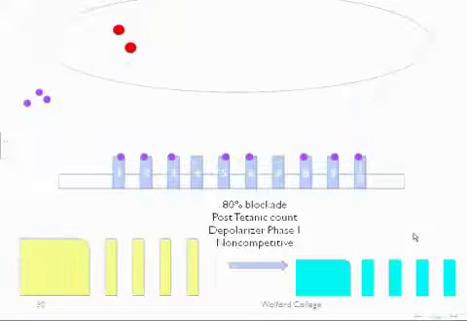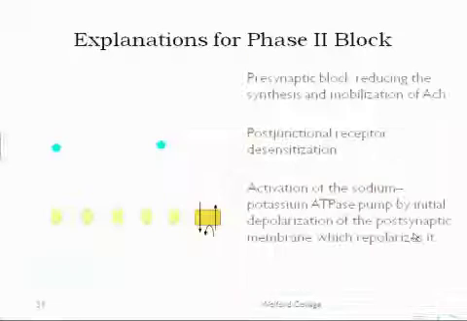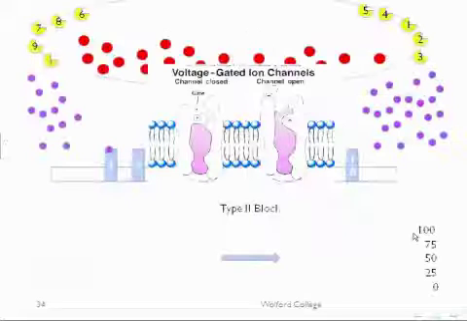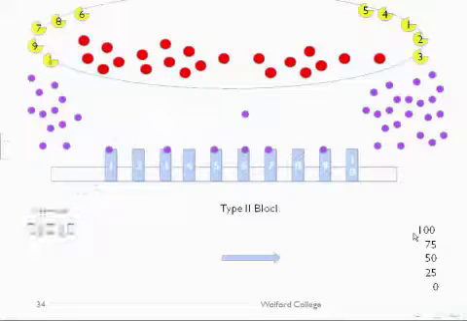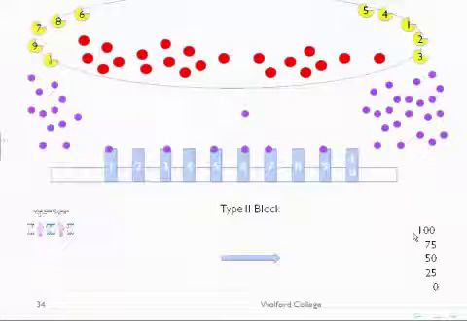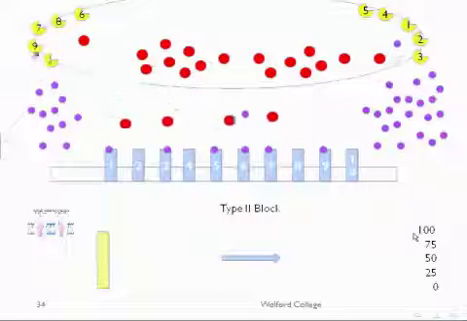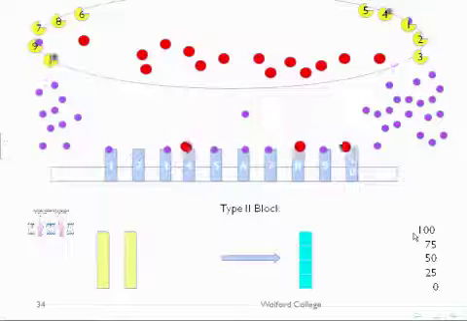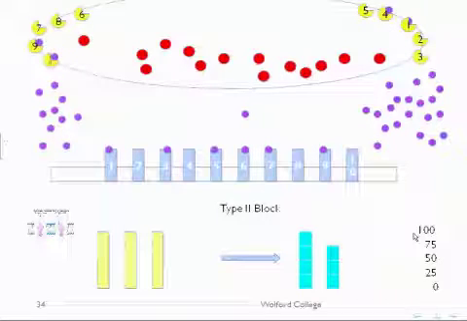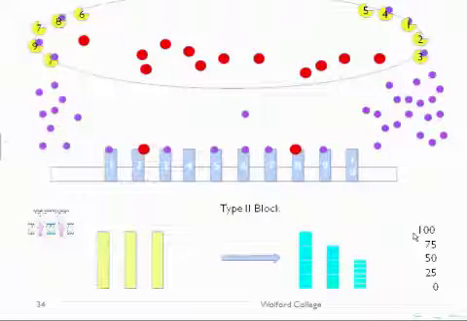Now, let's go to phase 2. Phase 2 works at a different site. Phase 2 works at these yellow sites, which are the presynaptic receptors. So when I give this person an agent, it binds there. As soon as the channel opens, it goes up and inhibits the vacuole release. So instead of releasing 4, now I'm releasing down to 2.